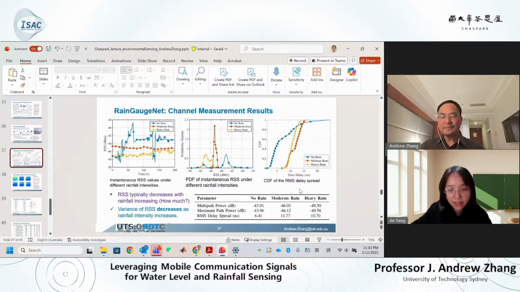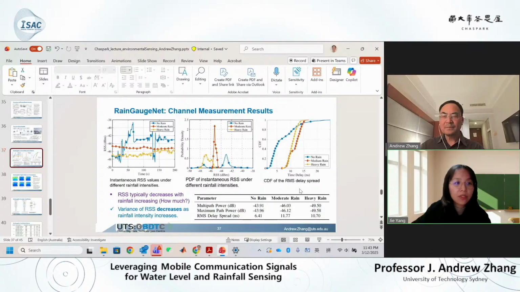Yes. In our actual measurements, the experiments were conducted at a very close range, within 10 meters. The rain was artificial rain, but we observe the RSS fluctuations for different rain intensities. Actually, the rain attenuation models you showed before were for long range.